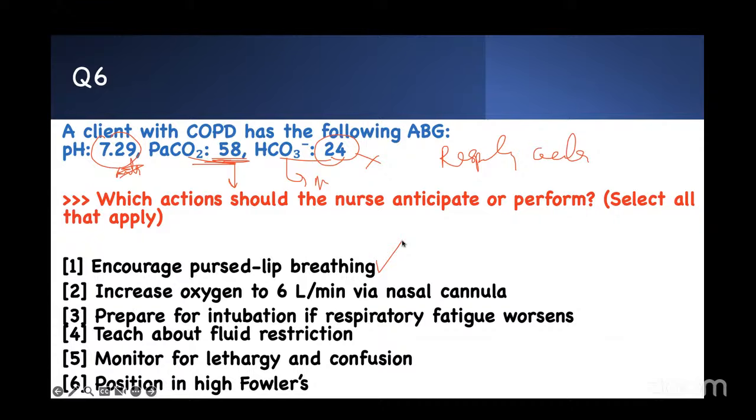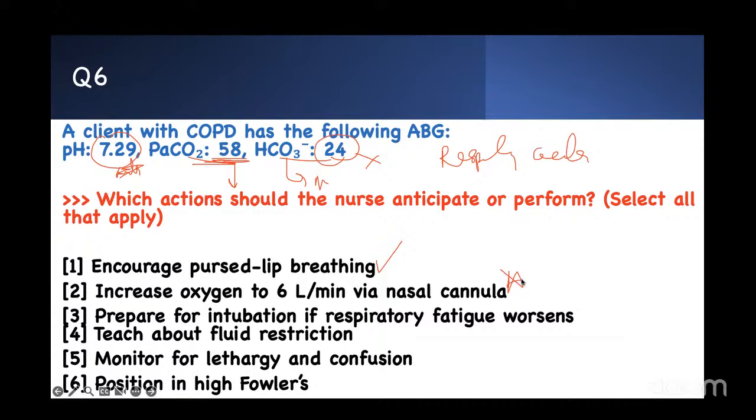A COPD patient, oxygen is bad for them. Increasing it to 6 liters will kill them. It will take their drive. Therefore, that is the wrong answer. Too much oxygen for this patient at this point is not good. So increasing to 6 liters is not a good thing. This is a trap. So don't do that.